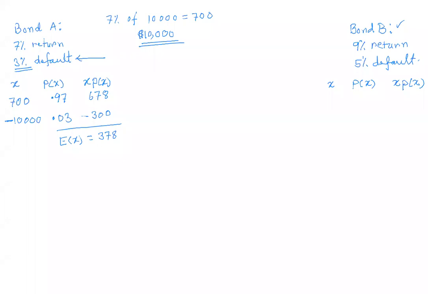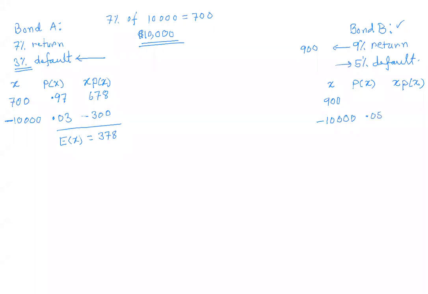Okay, so for the second bond, 9% of $10,000 is going to be $900, right? So you could either get $900 or you could lose everything. That means lose $10,000, which is negative 10,000. The chance of losing everything is 5%, the default rate, so it's 0.05.